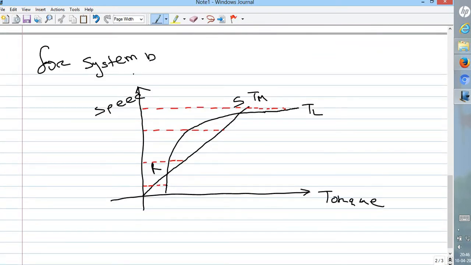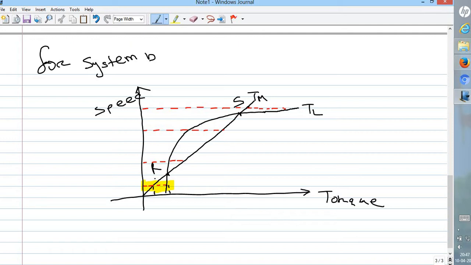Similarly, for system B, the torque speed characteristic is given like this, and the operating points can be R, this point, and S, this point. Now consider a point on R where the speed is less than the speed at point R. You can see the motor torque is less. The motor torque is this much, and the load torque is this much.